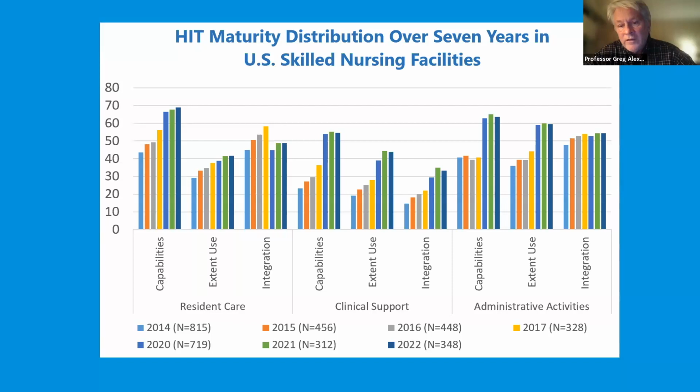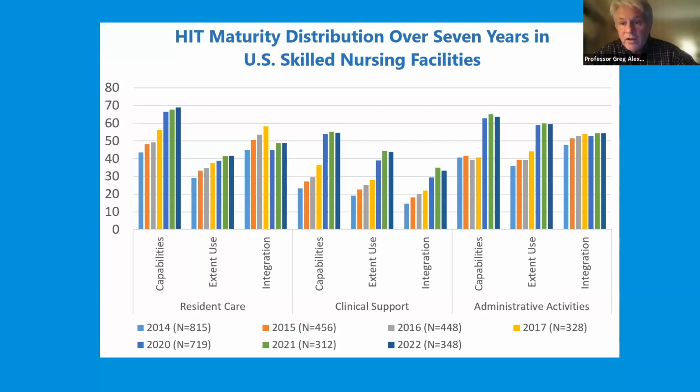What you'll see here are trends in digital maturity associated with the IT capabilities in resident care, the extent of use of those capabilities, and the integration of those capabilities across resident care, so that integration is the internal and external ability to share data. It includes interoperability. And you'll see there's also one for clinical support dimensions, which is lab, pharmacy, and radiology.